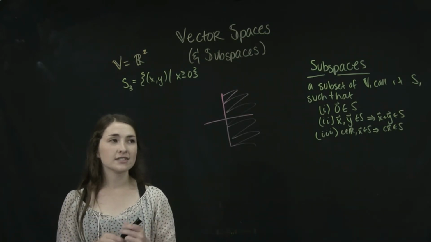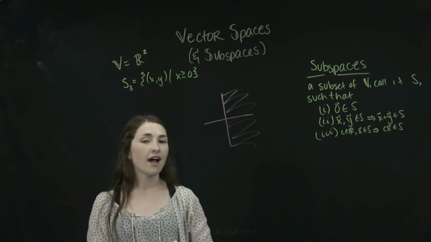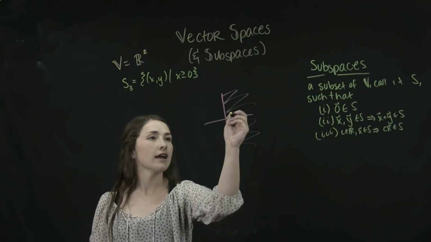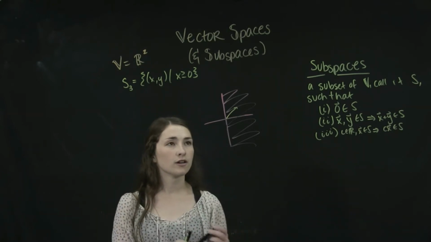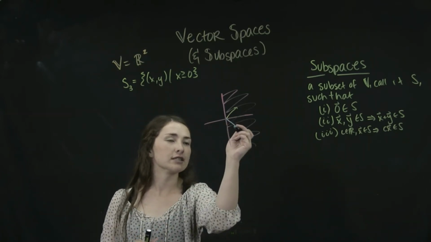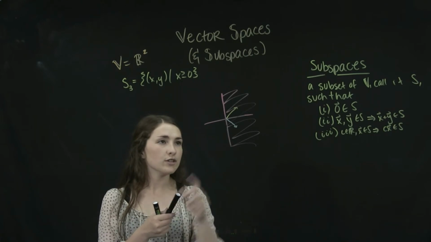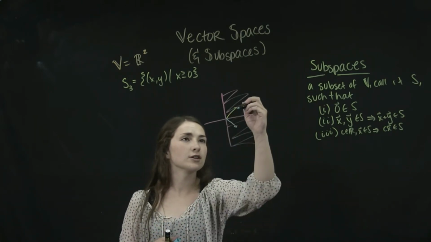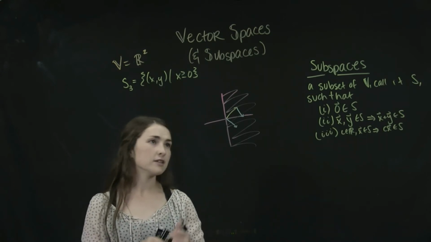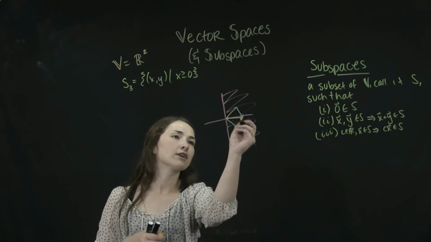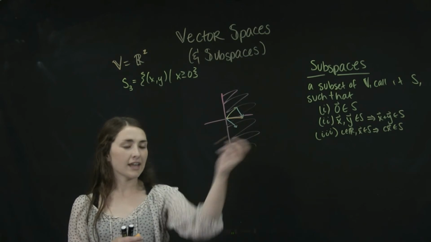Okay, so now let's think here. If we take a vector in this space and we want to add it to another vector in this space, so we just take this blue vector, put it right there. Are we going to get another vector in this space? Okay, this is going to be this vector right here, that orange one. Oh, then look, that is still in the space.